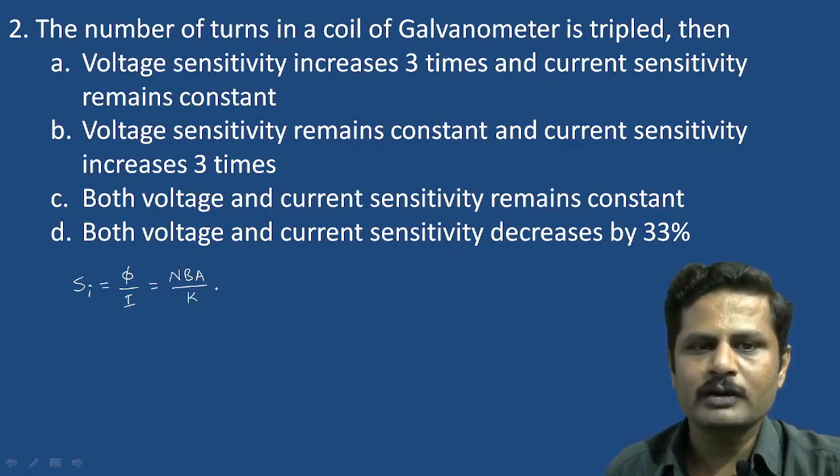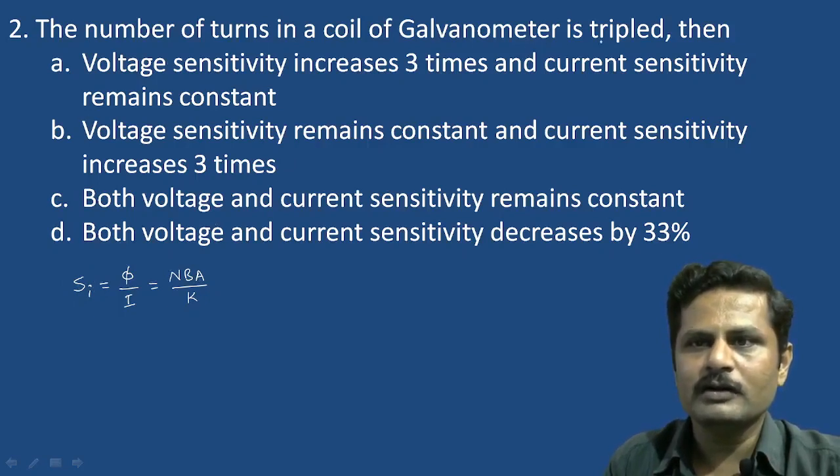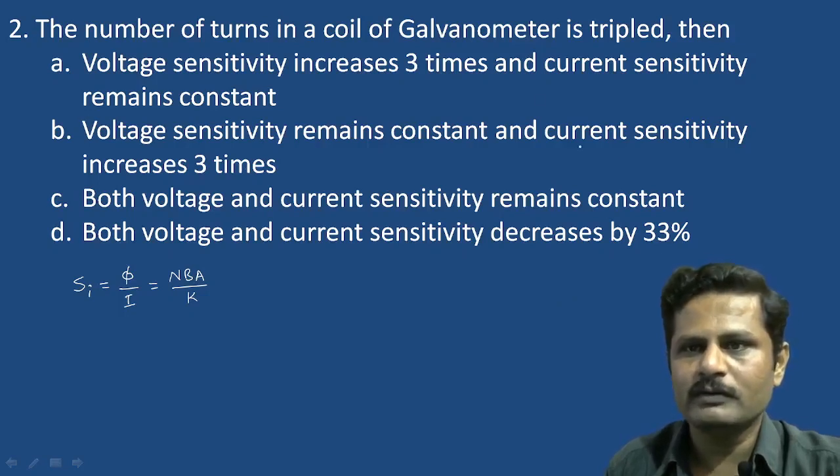By this formula we can say that if the number of turns increases, then current sensitivity increases. Here the number of turns is tripled, so the current sensitivity also increases by 3 times. So in option B, we can see that the current sensitivity increases 3 times.